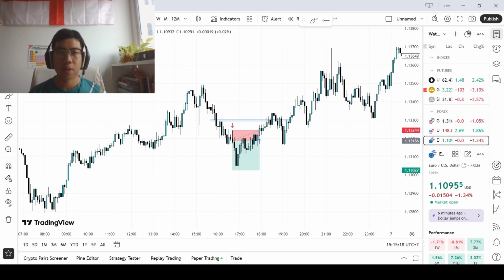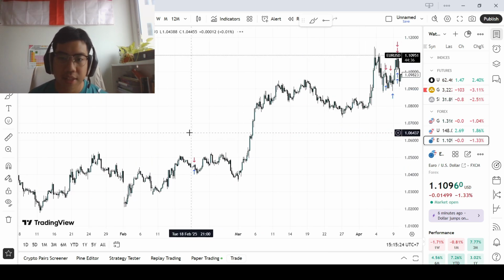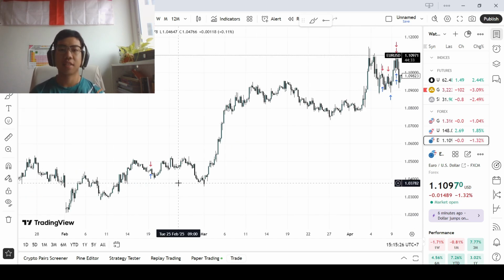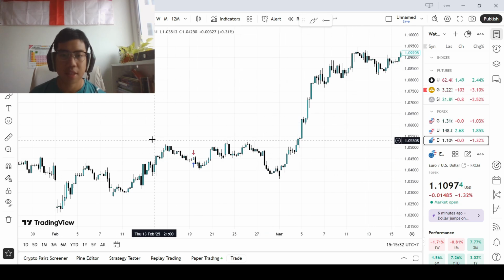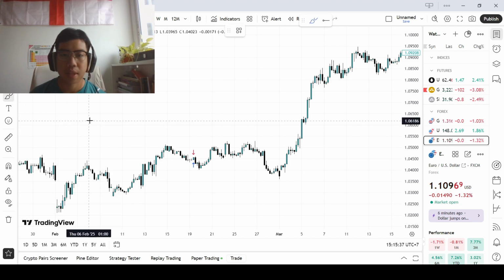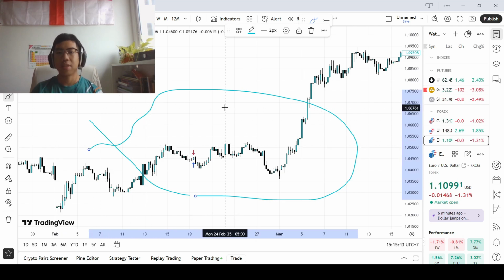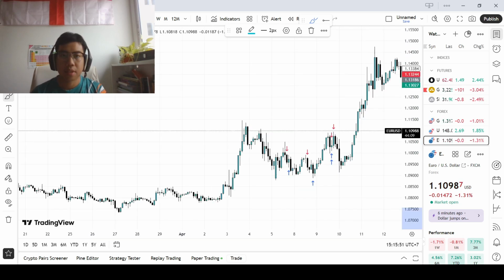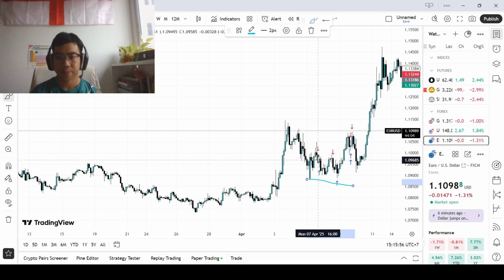So we do our confluence checks on the 4 hour. We can see that the market is in consolidation prior to our trade. We can see through this particular stretch of time that it's in a phase of consolidation, as well as on the 2 hour.